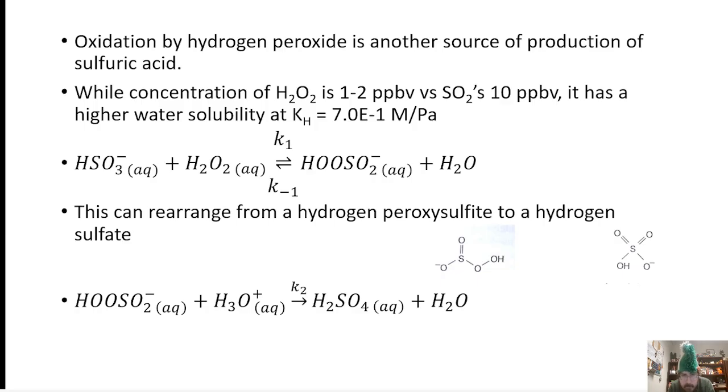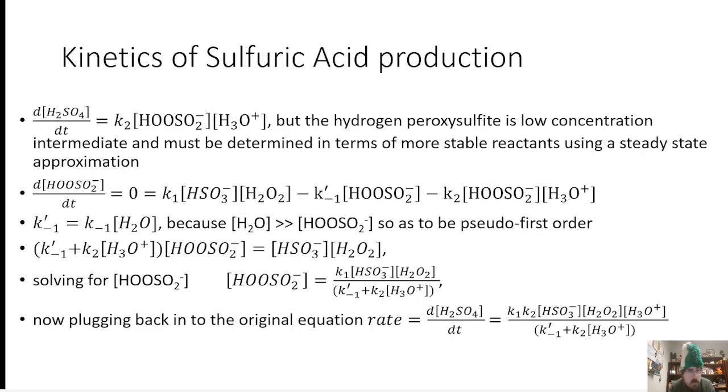The hydrogen sulfate can then be protonated to form sulfuric acid, so this process can be increased by acidic concentrations, and it's going to keep that as that structure.